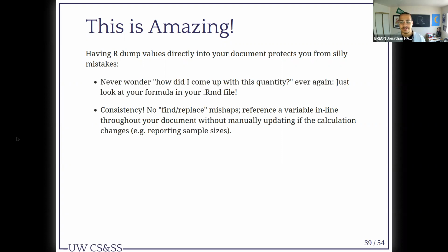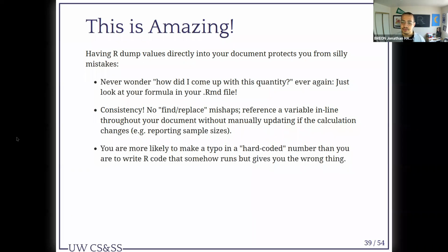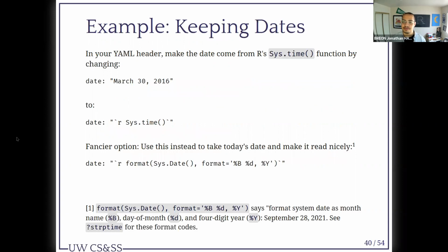For instance, if you have to change the reporting of your sample sizes for something. You are also more likely to make a typo in a hard-coded number than you are to write R code that somehow runs but gives you the wrong number. I think this is great.